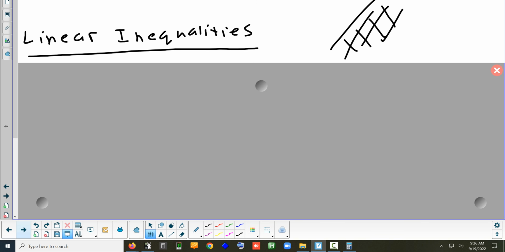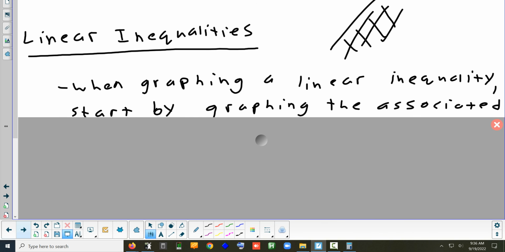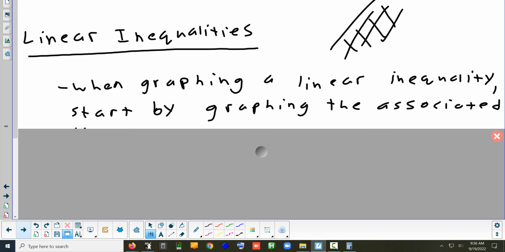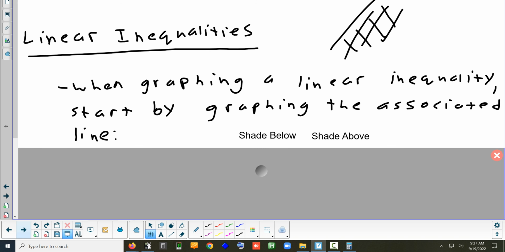Okay, that's basically what this is. So to graph a linear inequality, you first graph just the line. Now I have a chart that I'm going to show you that describes when do you shade above, when do you shade below, when do you make your boundary solid, and when do you make it dotted.